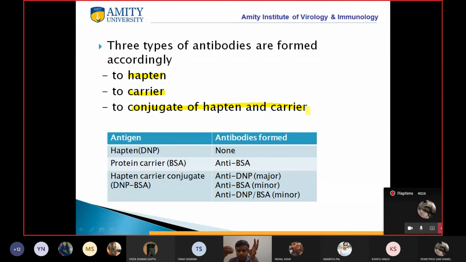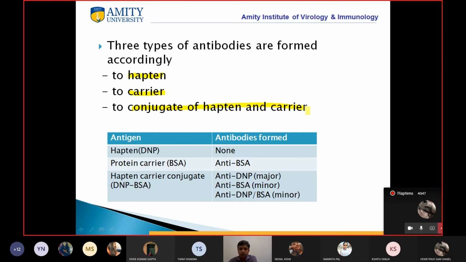Just for example, the hapten's molecular weight was very low, so it was not visible to the immune system. But when you conjugate it with the carrier protein, the size becomes bigger, it is visible to the immune system, and now the immune system will make antibodies against the epitopes, and in that case it will also generate antibodies against the hapten.